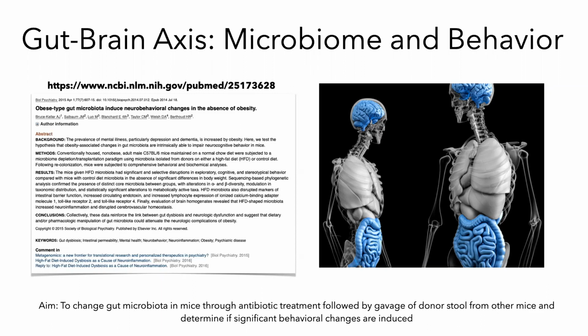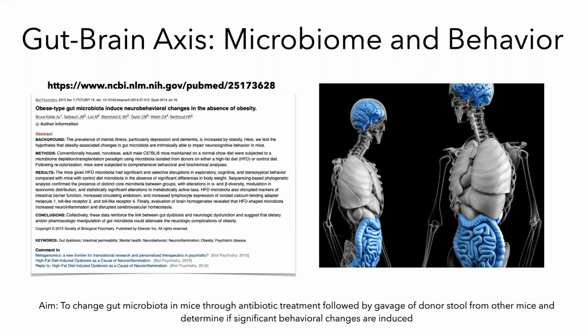Okay, so what was the experiment? The mice were given two types of diet, high-fat diet and regular diet, which is called chow. So high-fat diet will be HFD and chow will be standard diet. The mice given HFD microbiota, meaning that they got the microbiome extracted from high-fat diet mice, had that microbiome implanted into them.